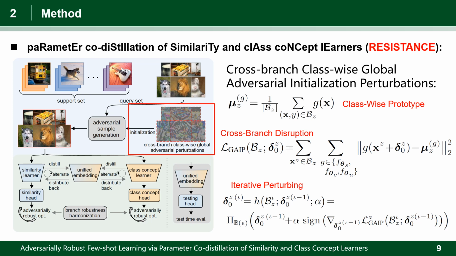Direct parameter distillation might lead to inconsistencies due to label space discrepancies. We thus introduce cross-branch global adversarial perturbations as an initialization to guide adversary generation, which can be regarded as an effective adversarial perturbation across all the samples in a certain category for the unified robustness.